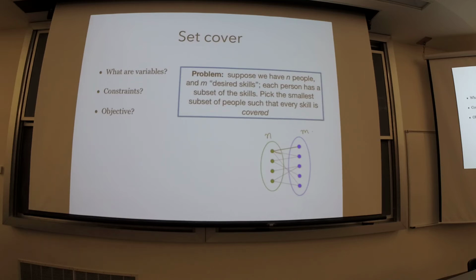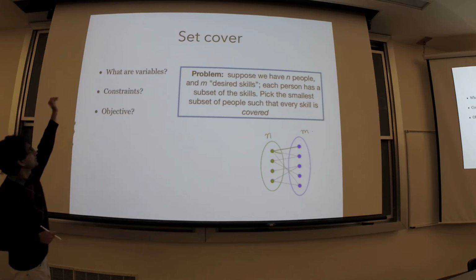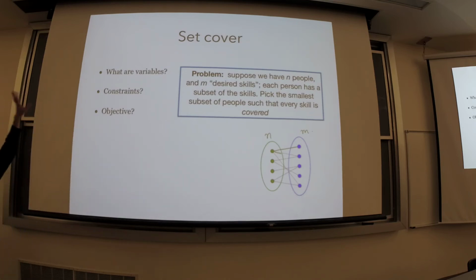And now let's try to capture this as some optimization problem. I feel this is actually a bit easier even than the previous example. And like I said before, you should always be asking yourself these 3 questions: what should the variables be?